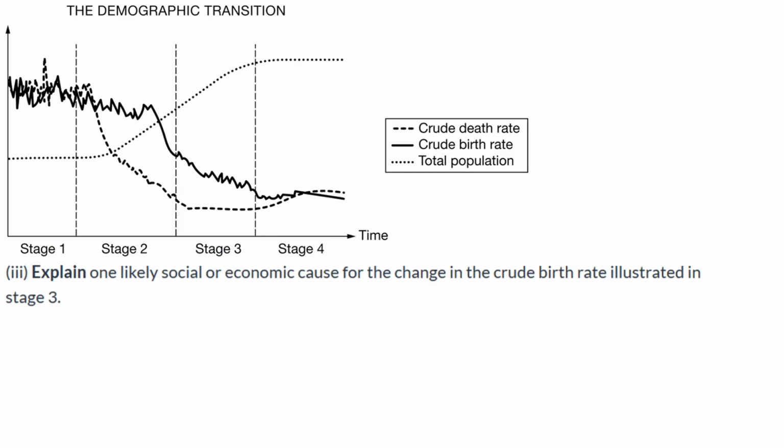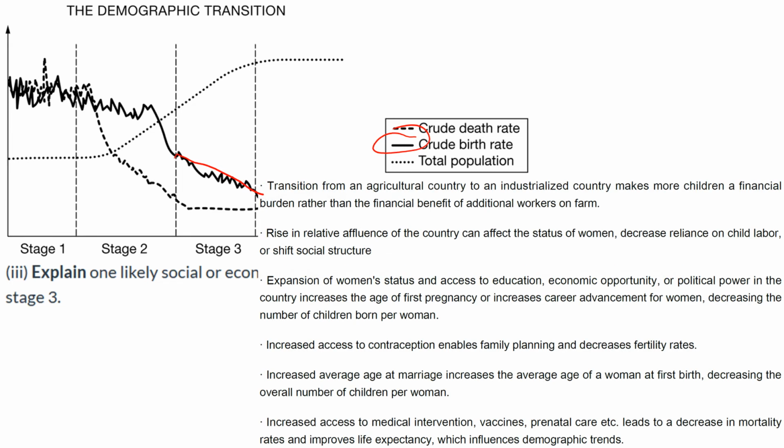Okay, let's take a look at the answer for number 3. And again, explain one likely social or economic cause for the change in the crude birth rate illustrated in stage 3. So, birth rate, right here, looks like it decreased. The transition from an agricultural country to an industrialized country makes more children a financial burden.